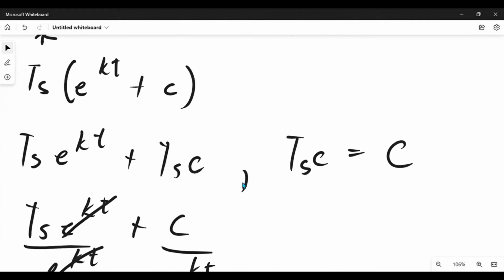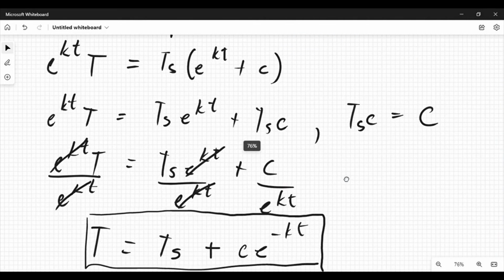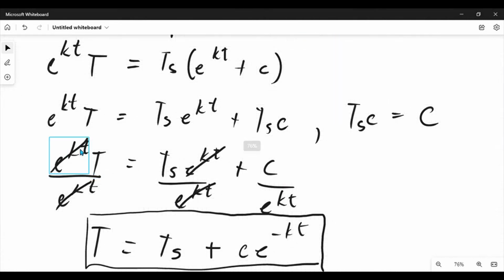But your T sub s times c can be equated to another constant, and at this point we're going to make use of capital letter C to replace your T sub s times small letter c, which is constant. Okay, so we now have e raised to kt times T, and this is equal to T sub s e raised to kt plus the equivalent of your T sub s times c, that is capital letter C.